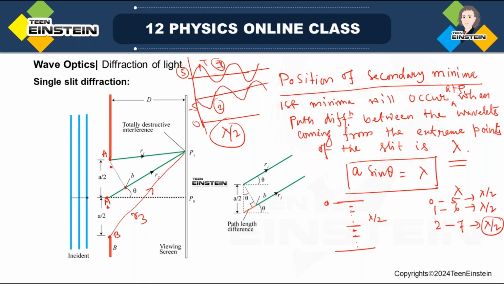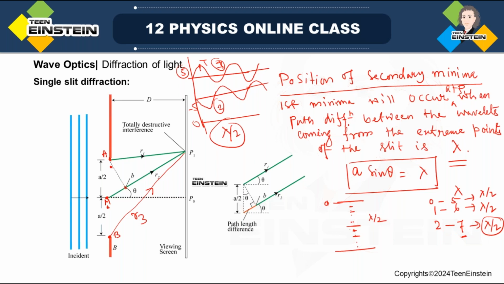See, the zeroth source corresponding to the fifth source, the wavelets from the zeroth source and the fifth source will interfere destructively, giving rise to 0 intensity. Then the first source will interfere destructively with the wave from the sixth source. Similarly, the wave from the second source will interfere destructively with the wave from the seventh source.